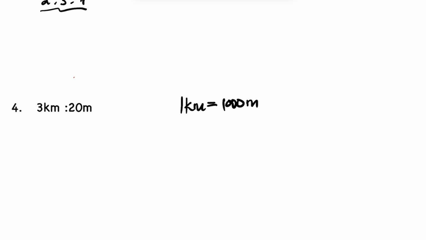That's very important. In order to convert from kilometers to meters, you have to multiply by 1,000. In order to convert from meters to kilometers, you divide by 1,000. It's very important.